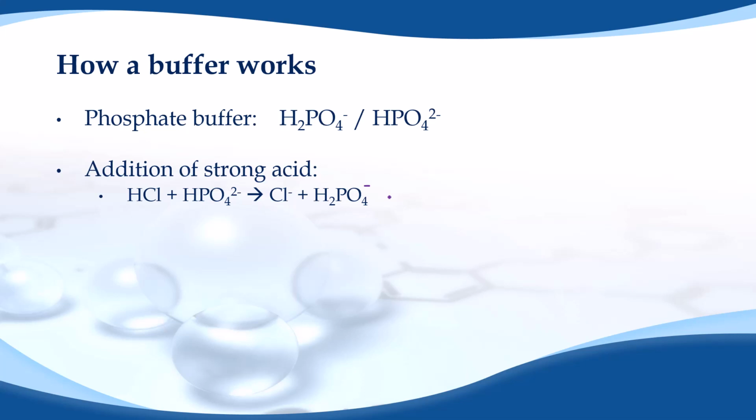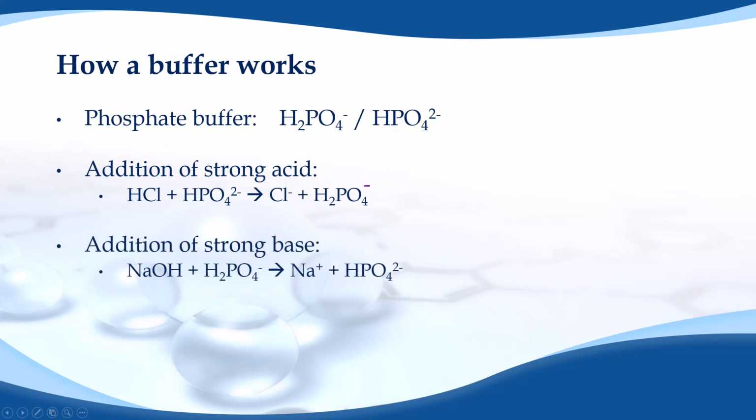What I'm basically doing is exchanging a strong acid for a weak one. Weak acids have less of an effect on pH because they don't dissociate completely, and I'm exchanging the strong acid for that.